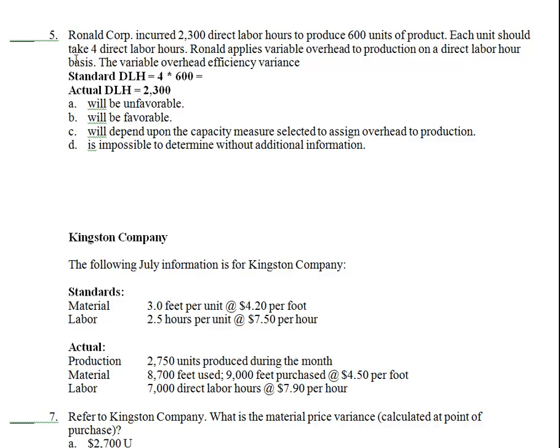So in our case, it's 4 direct labor hours, multiplied by how many units were actually produced. And this tells us the amount of direct labor hours we think should have been worked. So we should have worked 2,400. We actually only worked 2,300. So we were efficient, so that's great. So it's going to be favorable. And again, variable overhead efficiency and direct labor efficiency are identical.